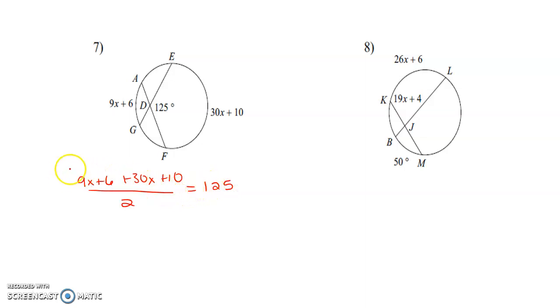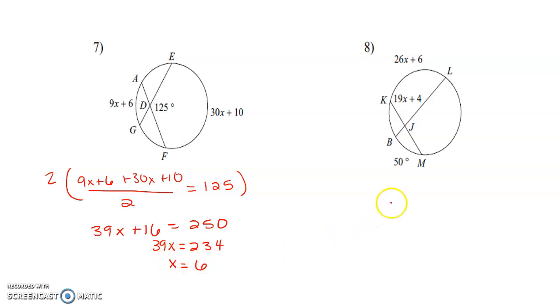Okay, I'm going to multiply the entire equation by 2 to clear my fraction. I'm also going to combine my like terms. So I end up with 39x plus 16 equals 250. 39x, subtract my 16 from both sides. Divide by 39, and I find out that x equals 6.